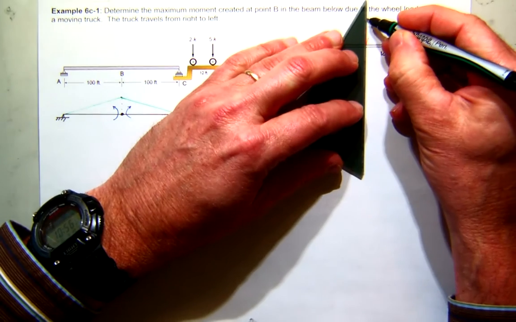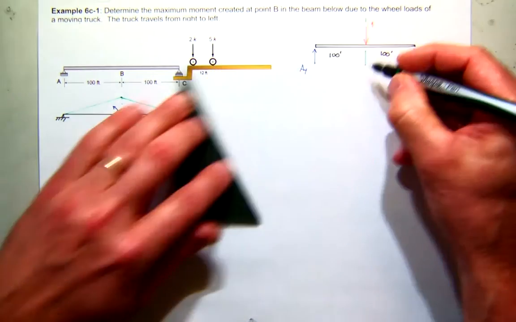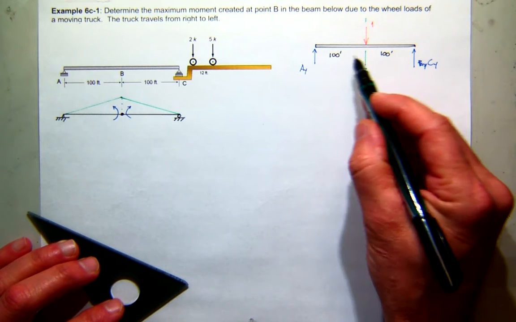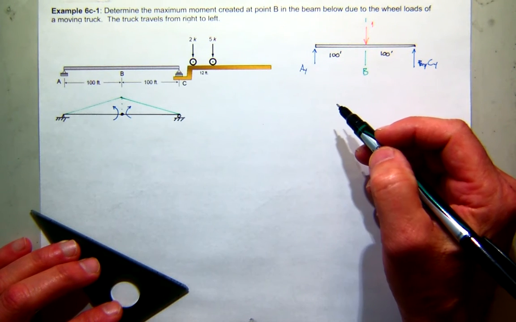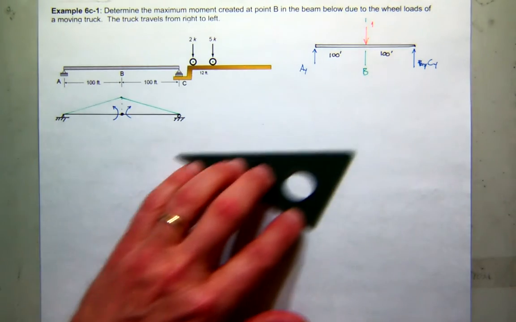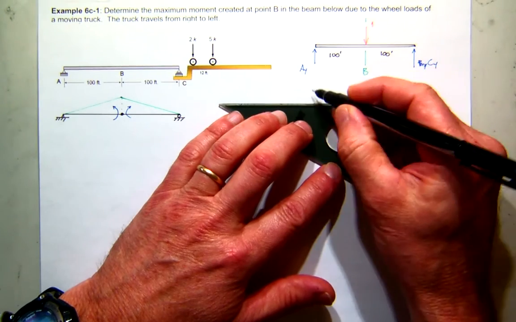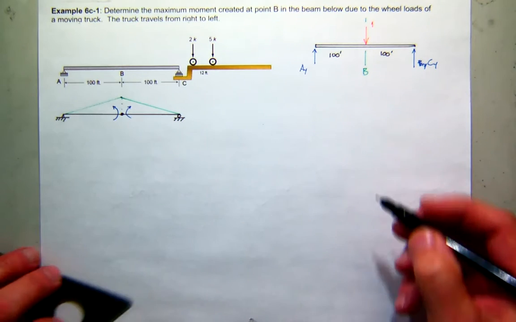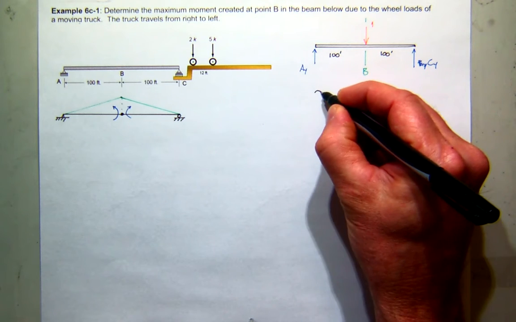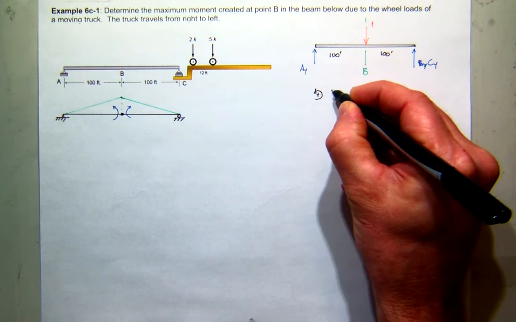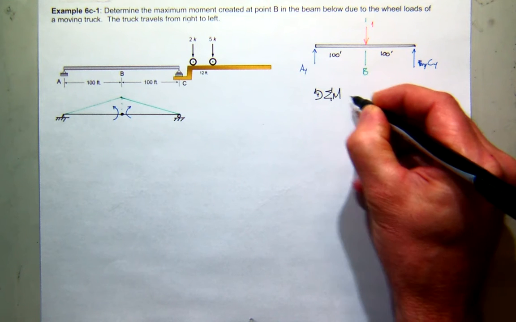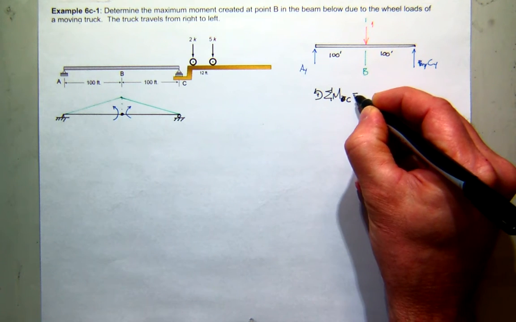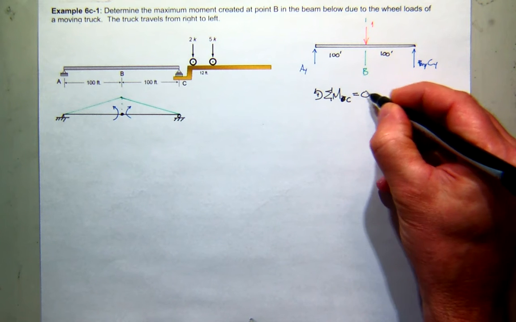So that means I'm cutting my structure right here at B. Which side do you want to work, right or left? Doesn't seem like it matters. So I'll work the right-hand side. If I work the right-hand side, I need to know AY. And that's not too hard to do. If I sum moments at, did it again, C, what do I get? Should be in equilibrium.